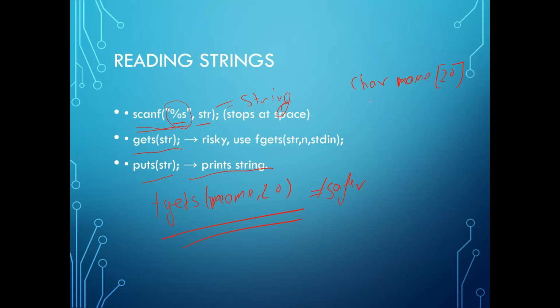You can use scanf with the percent s we discussed, with the name, to store into these 20 elements, and you can use fgets with the name, 20 elements, and stdin. These things you can define.